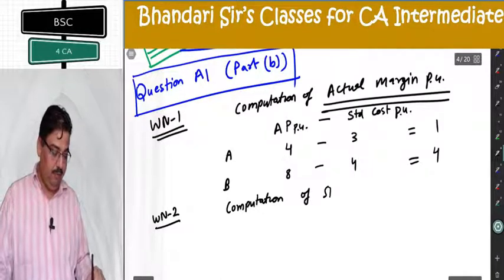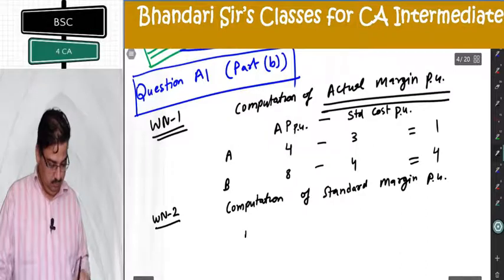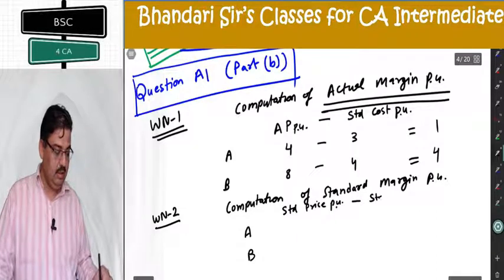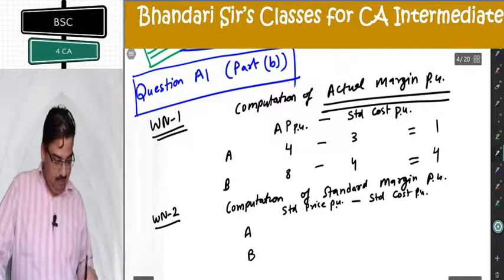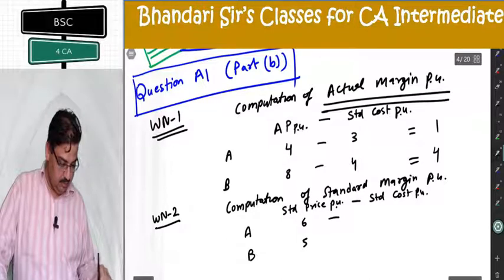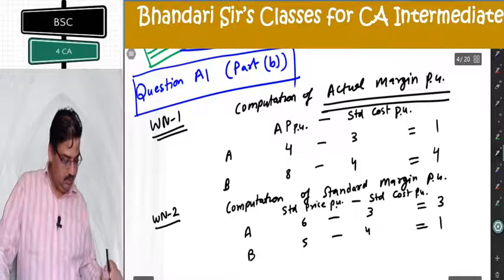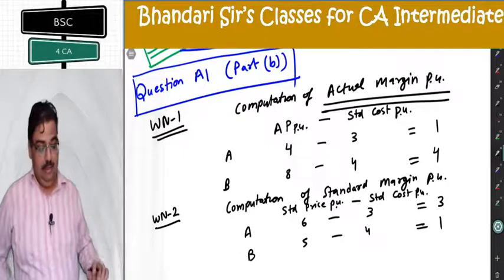Computation of standard margin per unit for A and B. Standard price per unit minus standard cost per unit. 6 and 5 are budgeted selling prices. Minus 3, minus 4. This is 3, this is 1. So this is what I am getting.